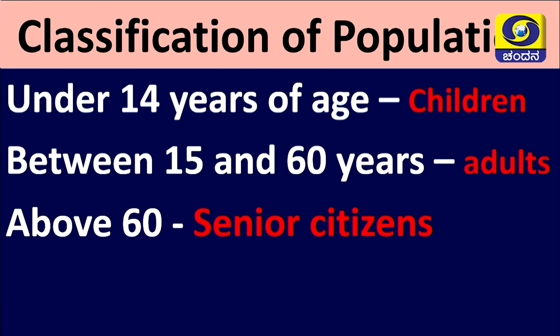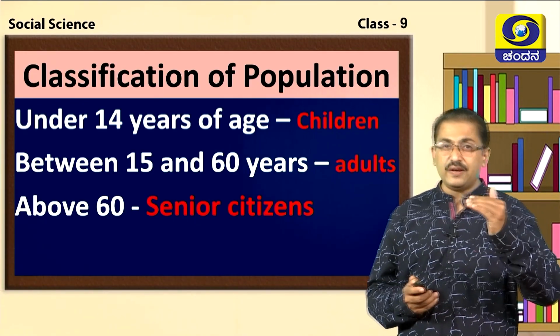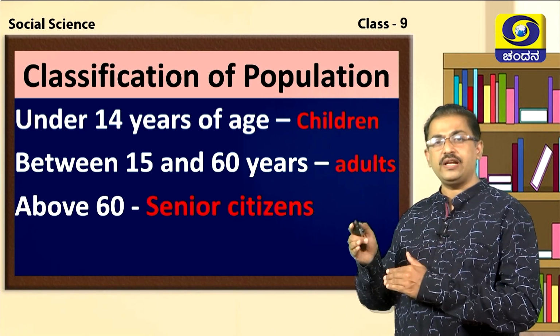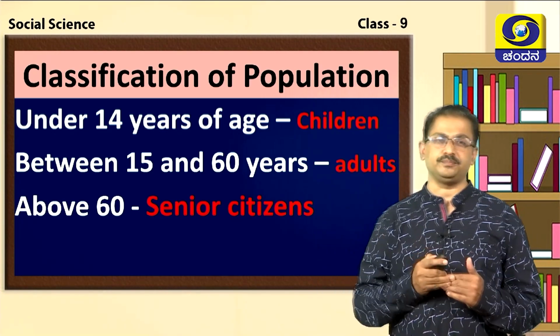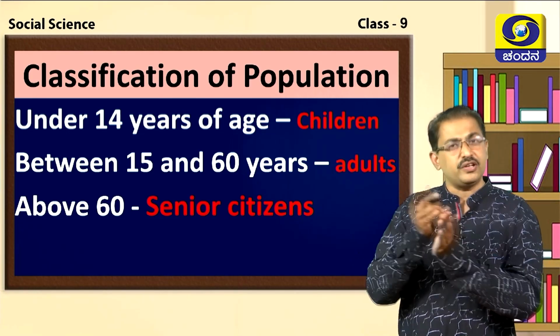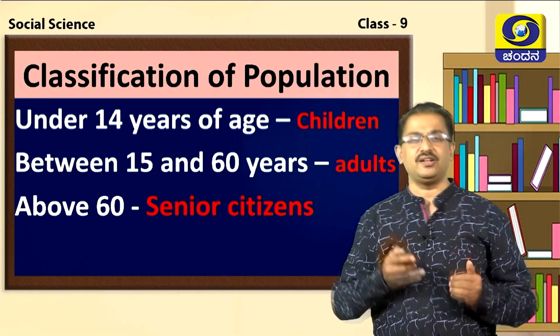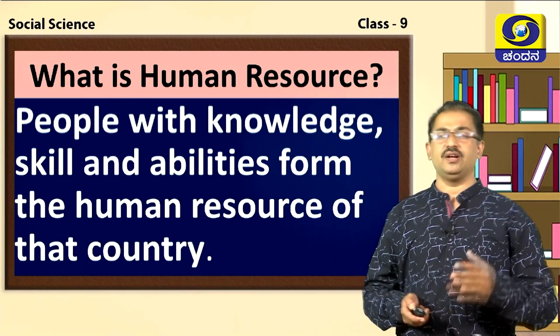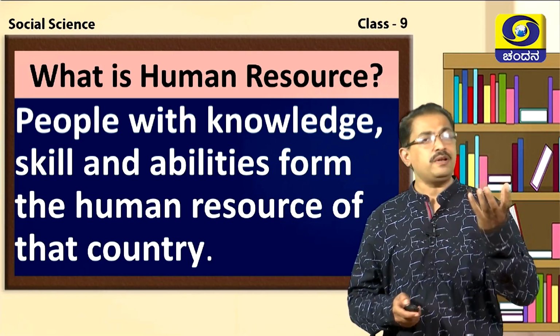I accept that all the people in a country form the population of that country, but there is a classification. People under the age of 14 years are considered children. People between the age group of 15 to 60 years are called adults, and above 60 years they are called senior citizens.